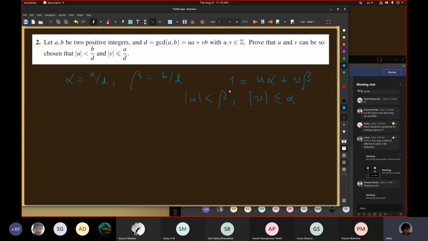Question is, why is 1 achievable in that range? Yes or no? Okay, I will get a set of values bounded below by something, bounded from above by something. Why should 1 be there?